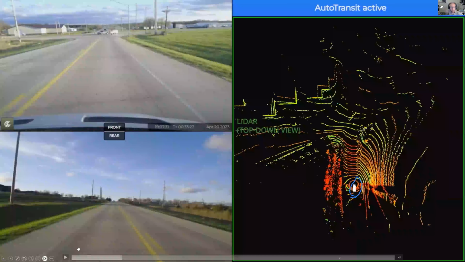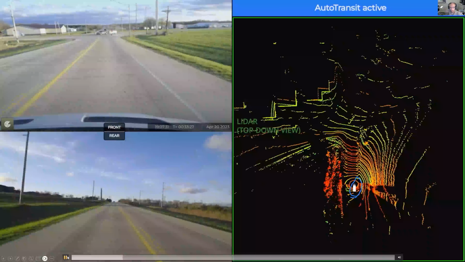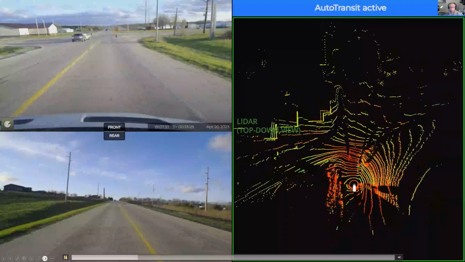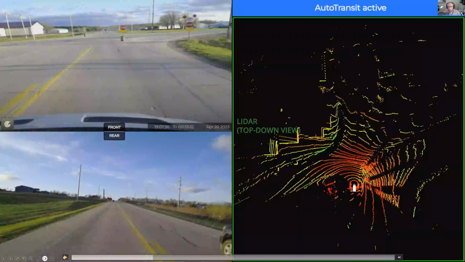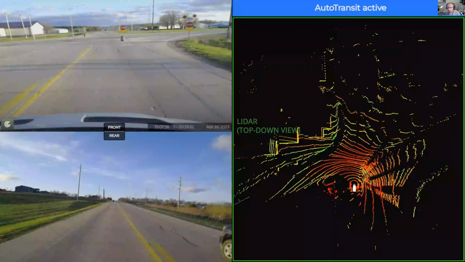Omar, if you want to go ahead and keep playing for a little bit, and then we'll pause right about here. One thing I wanted to point out, and it's something we saw with LiDAR perception, is you end up getting a shadowing effect from objects.